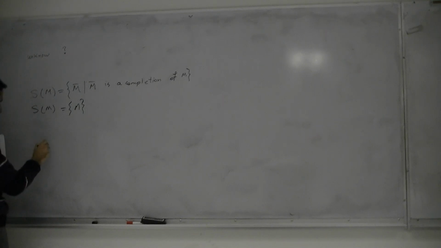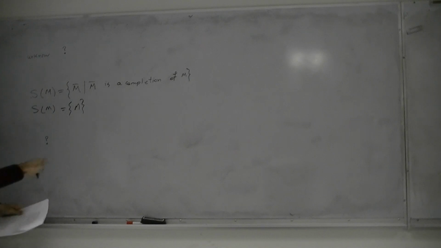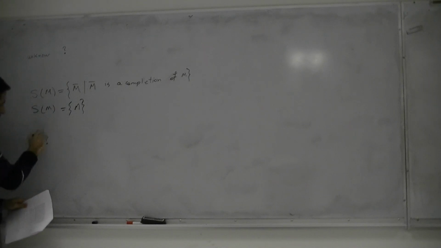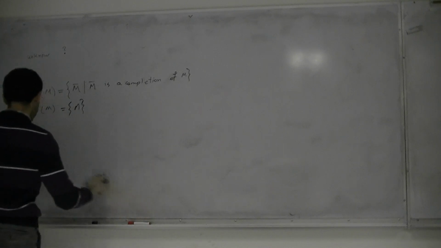If we have one question mark in the matrix, based on how we fill this point, we can have different elements in the S of M.